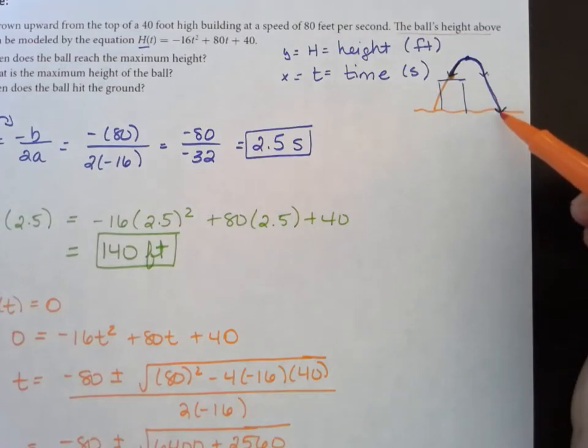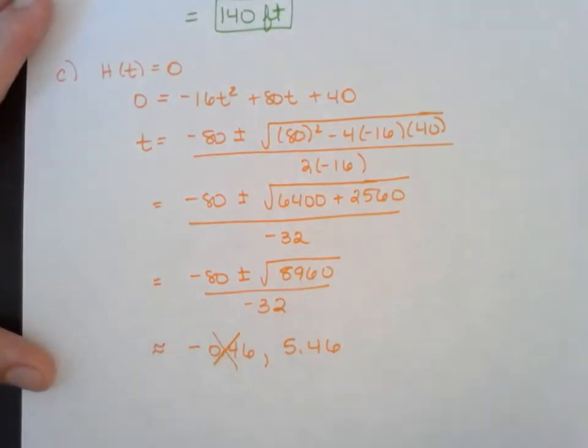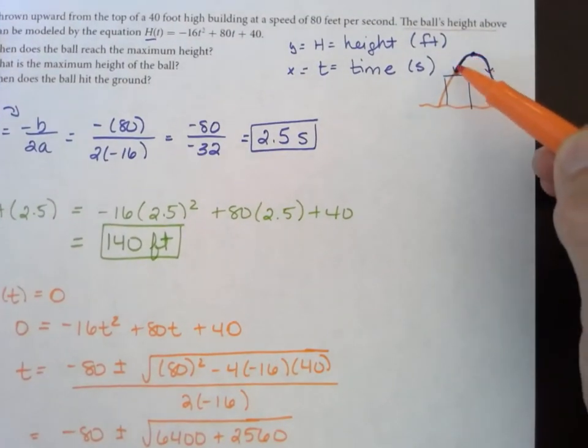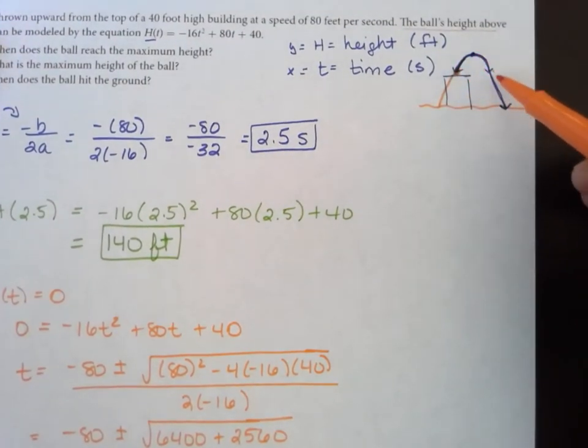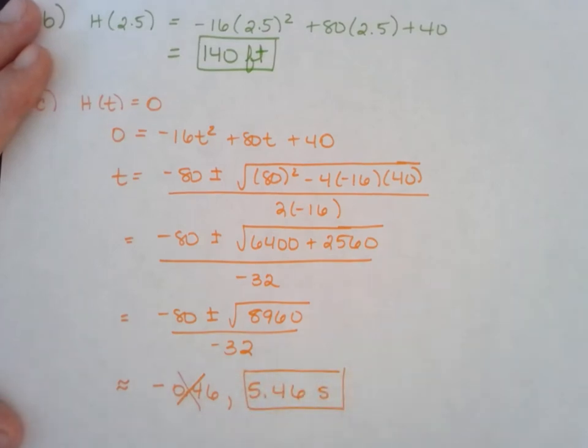I hope that made sense. So that's why we have negative time, because it's behind us on this building. So we don't really want this negative time. But we do know that about 5.5 seconds after we throw the ball, it is going to hit the ground, because that's when the height will be 0. So at 5.46 seconds, the ball will hit the ground.